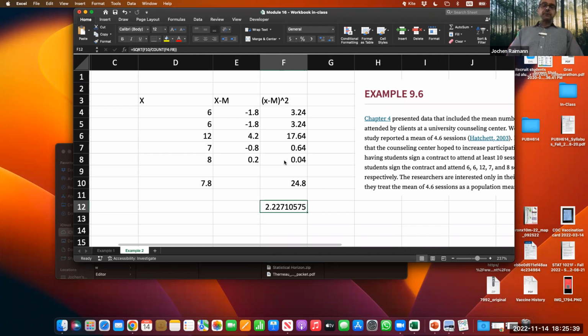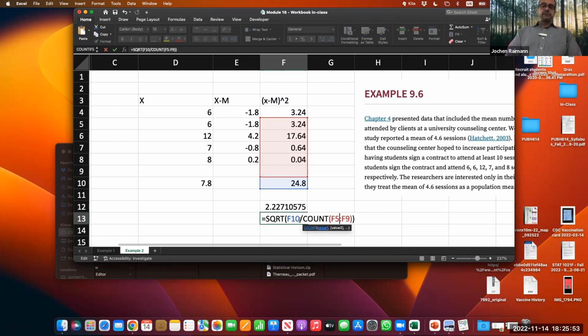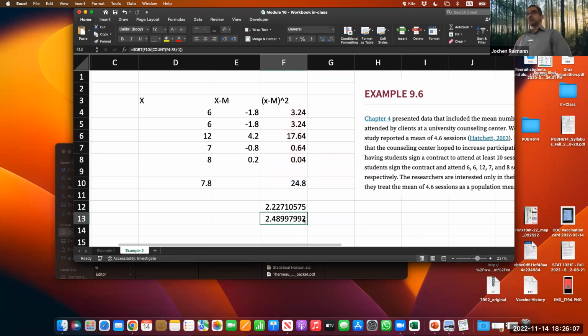But this is not how we're doing it, because we need to utilize a new formula, which is now divided by 5 minus 1. So this basically gets us to this estimated standard deviation.